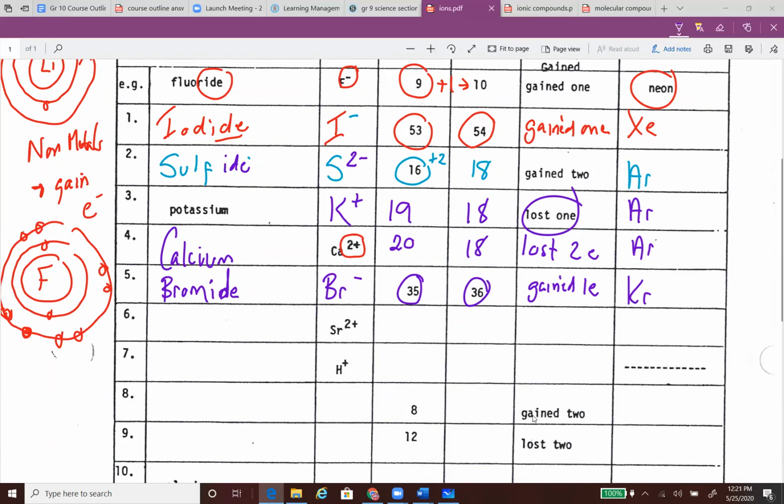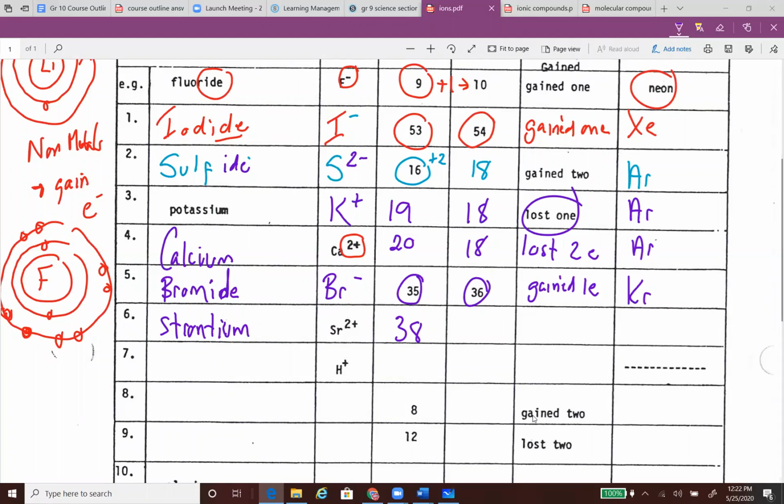Okay. If I look at the next one is strontium. So strontium is, trying to find that on my table here, number 38. This is element 38. So strontium. Now remember, positive ions, the name does not change. That's easy. So it's element number 38. We know that it's in the second column.